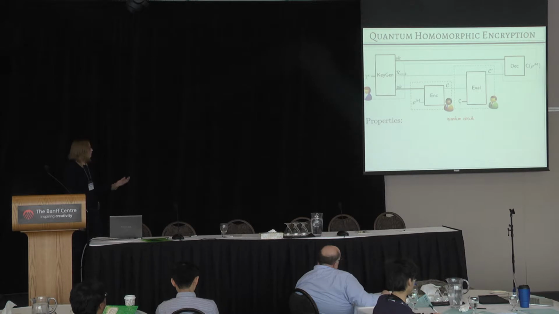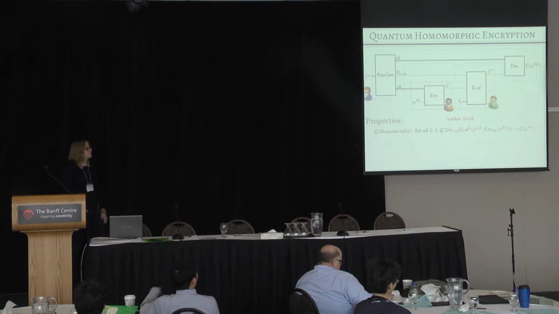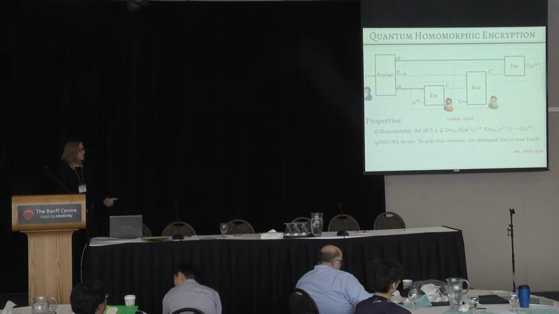And again, we require essentially the same properties. We say that a scheme is Q homomorphic, where Q is a set of quantum circuits now, if this actually works for all circuits C in Q. And we also have a definition of quantum indistinguishability under chosen plaintext attack. So this is like a quantum version of the classical standard security definition.